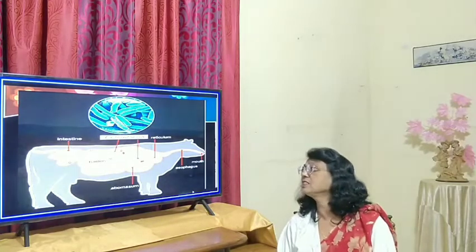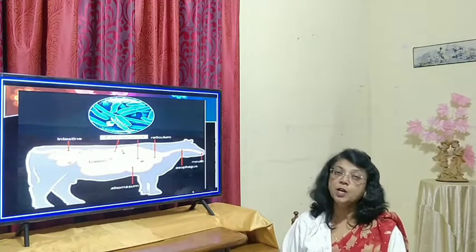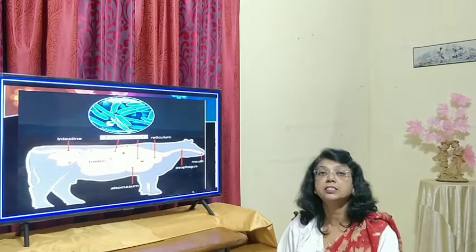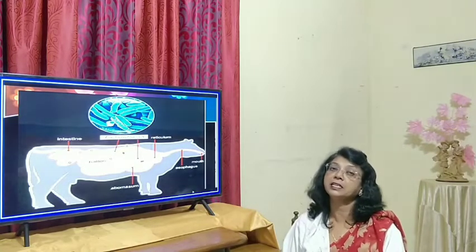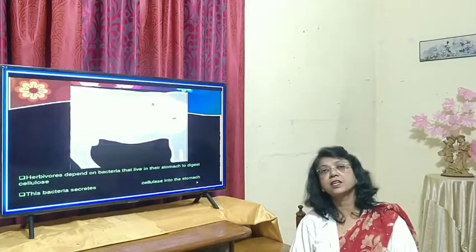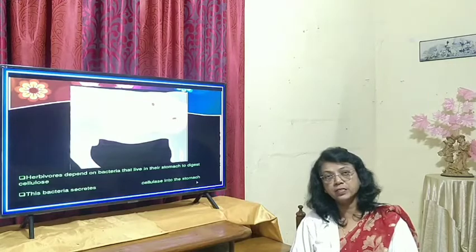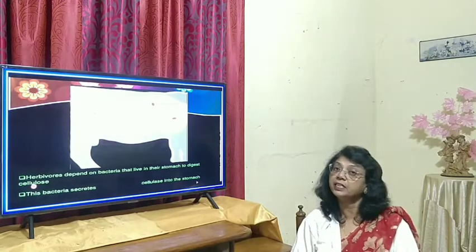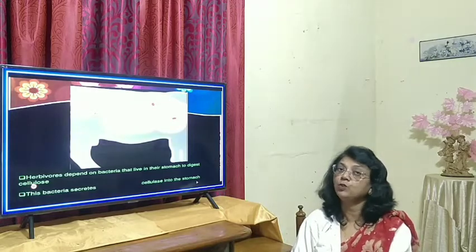This releases cellulase enzyme, which is helpful in the digestion of cellulose that is present in the plant parts. This bacteria secretes cellulase, which is helpful in the digestion of cellulose.